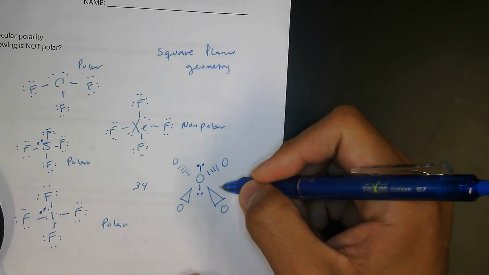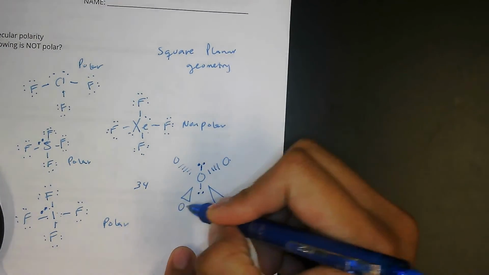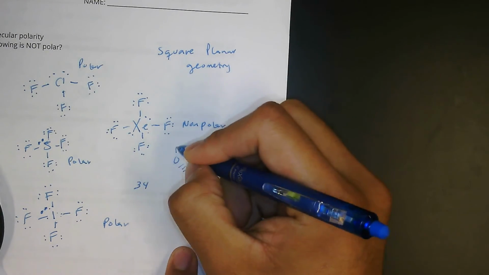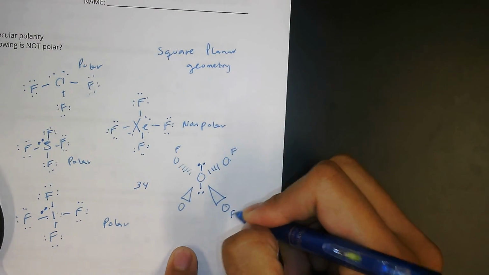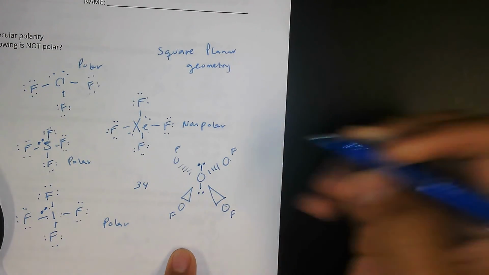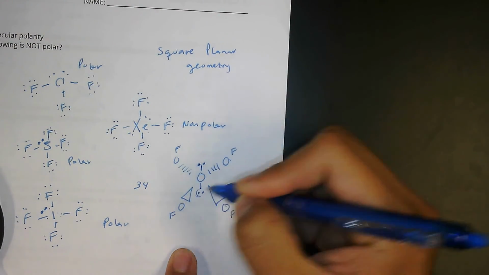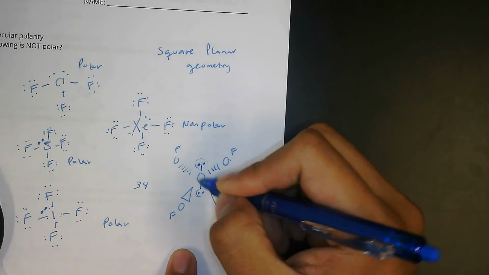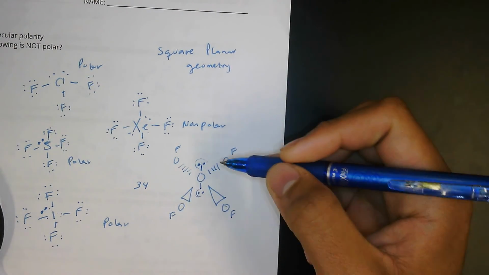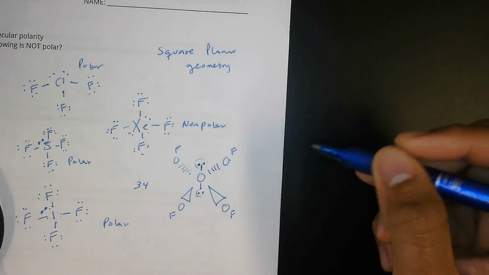So this would be a nonpolar molecule because these atoms attached around xenon are all the same atom. They're all fluorine. And then in the center you have the electron pair at the top and the electron pair at the bottom, which cancel each other's pulls on the electrons out. So this would be my nonpolar molecule.